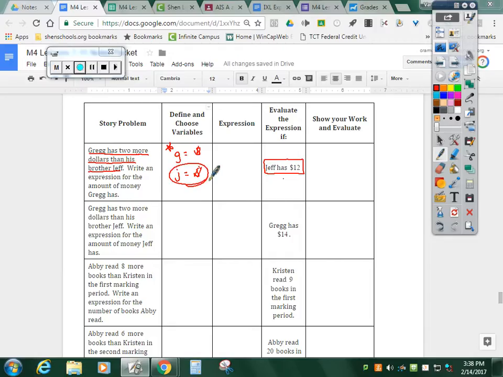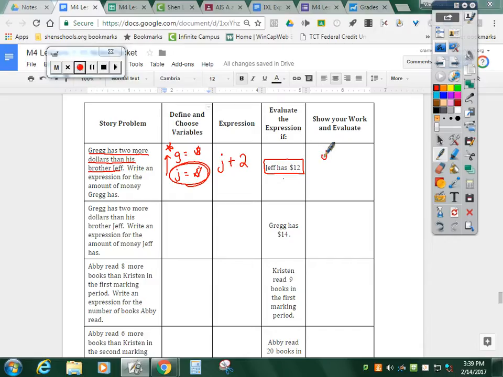So they're going to be using the variable J. We have to use the person who has the lowest amount of money, and we have to go up to the person who has the most. They were pretty quick to say, that's addition. Greg has $2 more than his brother Jeff, so we're going to take Jeff's and increase it by 2. That was the expression we worked on today.